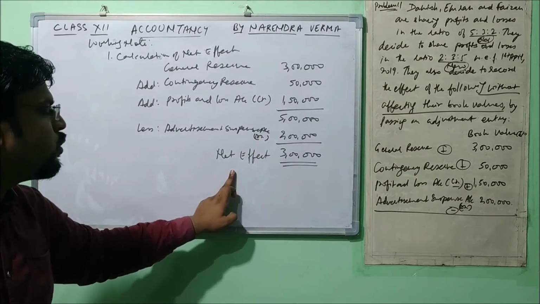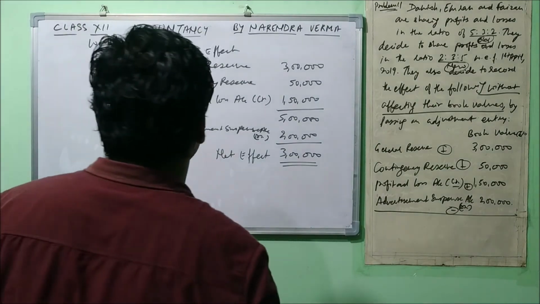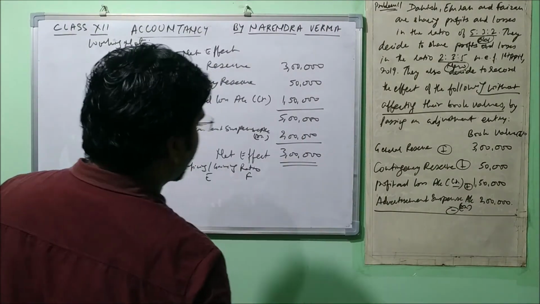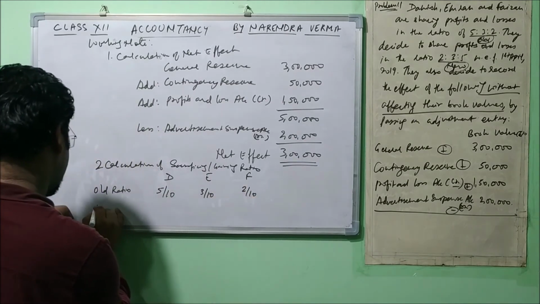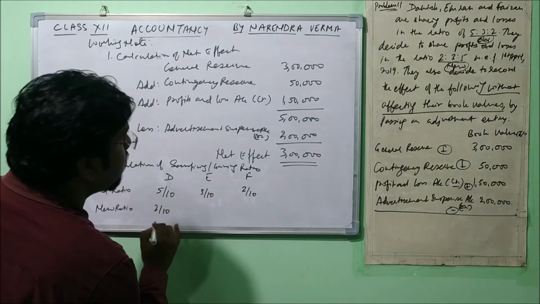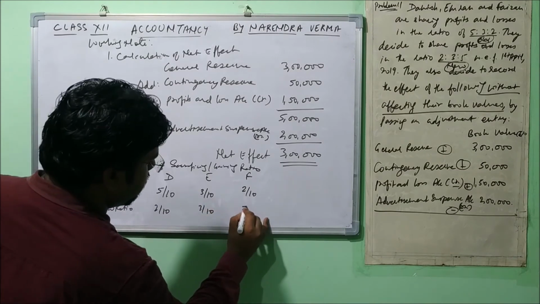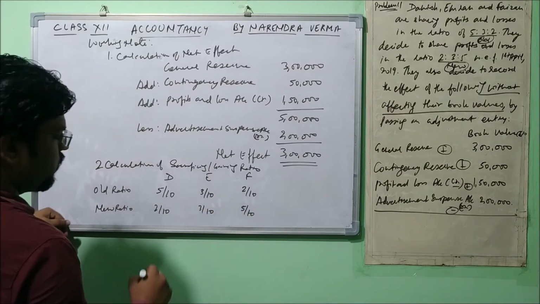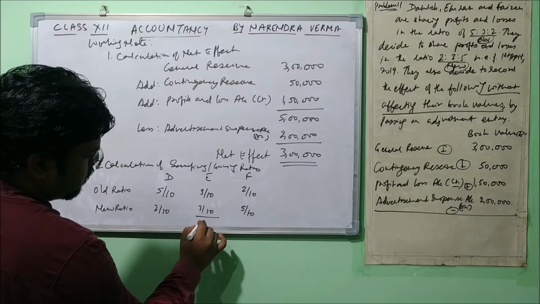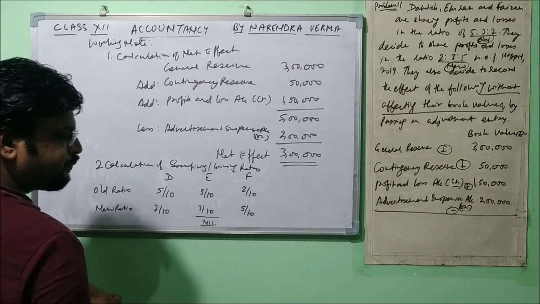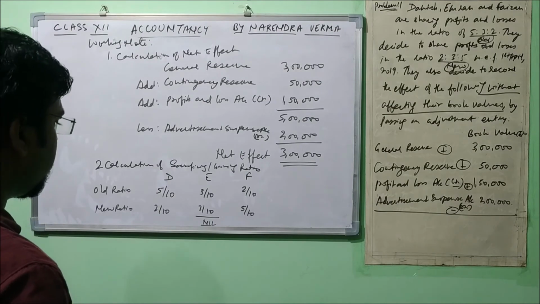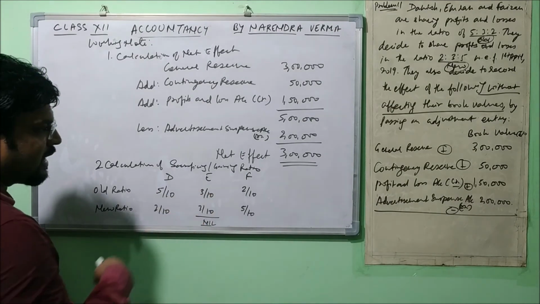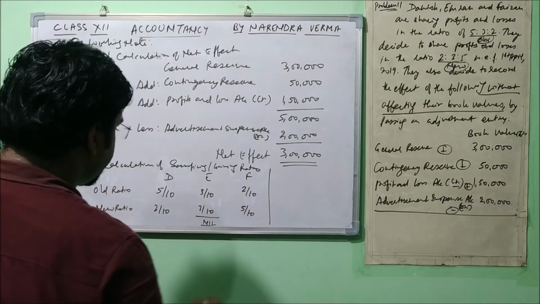Now we need to calculate the sacrificing and gaining ratio. So what is their old ratio? 5 by 10, 3 by 10 and 2 by 10. And the new ratio 2 by 10, 3 by 10 and 5 by 10. So we can clearly see here there is no change, nil, fine. Neither he gained nor he lost. But here gain and loss has taken place. Let's calculate it.